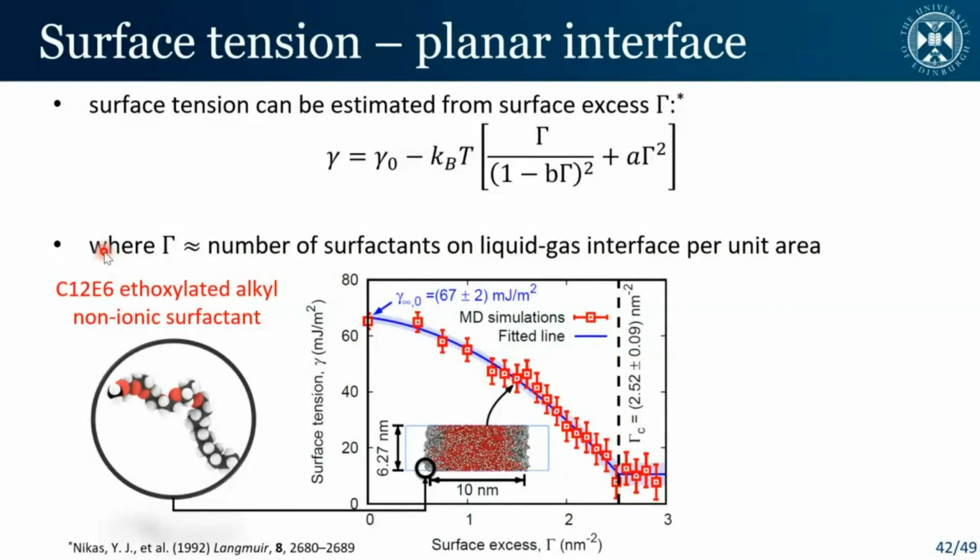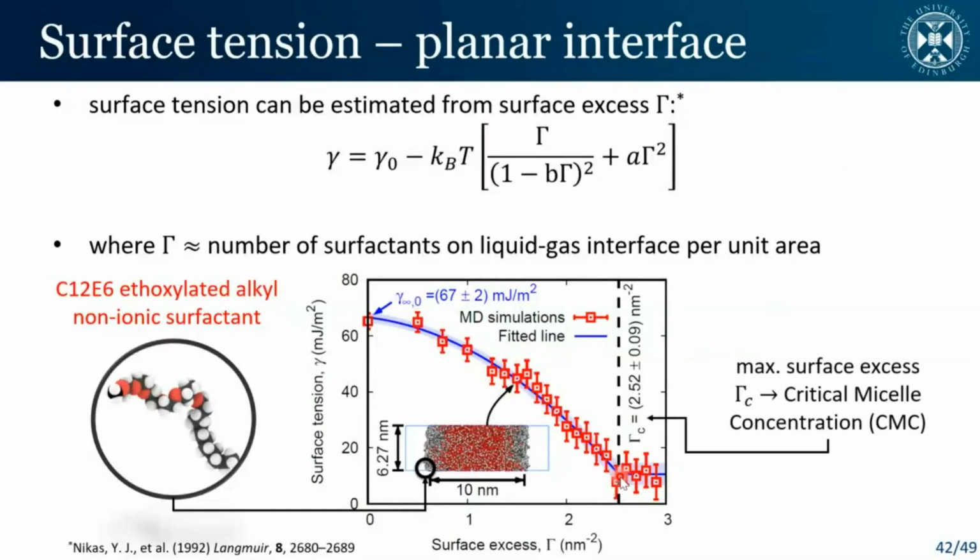We're using the C12E6 non-ionic ethoxylated alkyl surfactant, and if we increase the number of surfactants, we see that the surface tension generally reduces until we get to this value here, at which point it becomes constant. This physically arises from something known as the critical micelle concentration. That essentially means that as you add more surfactants, instead of adsorbing onto the surface, they prefer to form micellar structures or aggregates within the bulk liquid.